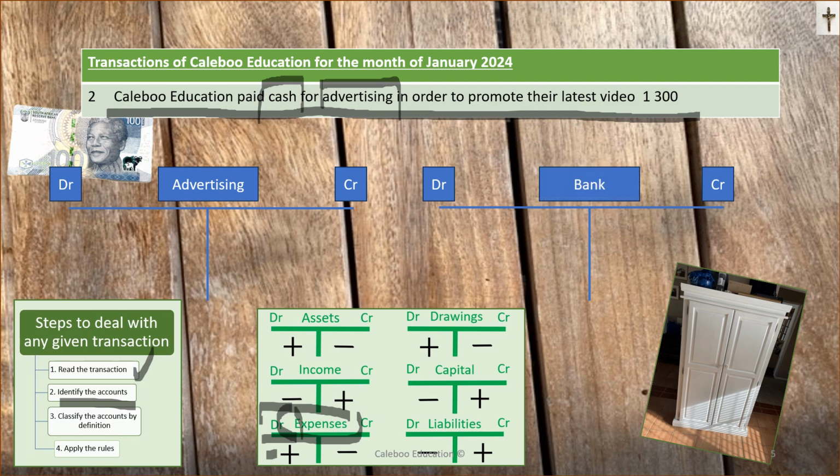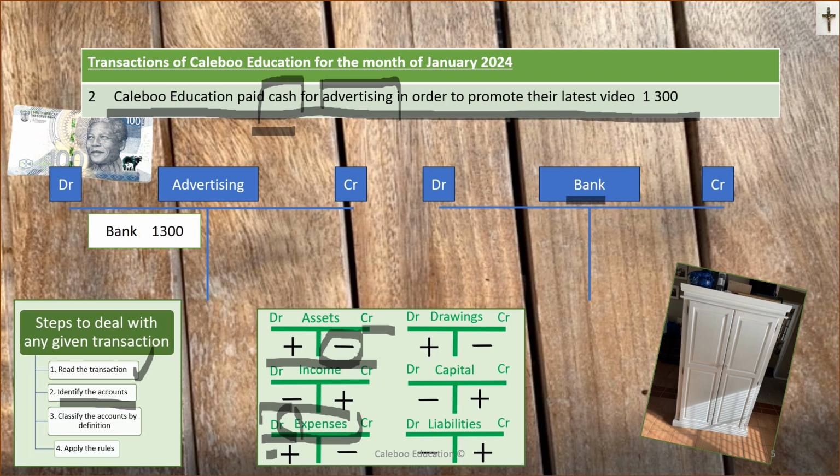But first, let's just have a look. As I mentioned, if cash is involved, the one account will always be bank. Bank, if it has a positive balance, is an asset. If we're paying cash for advertising, the bank balance will decrease, so the value of the asset has decreased, and the rule says the account must be credited.